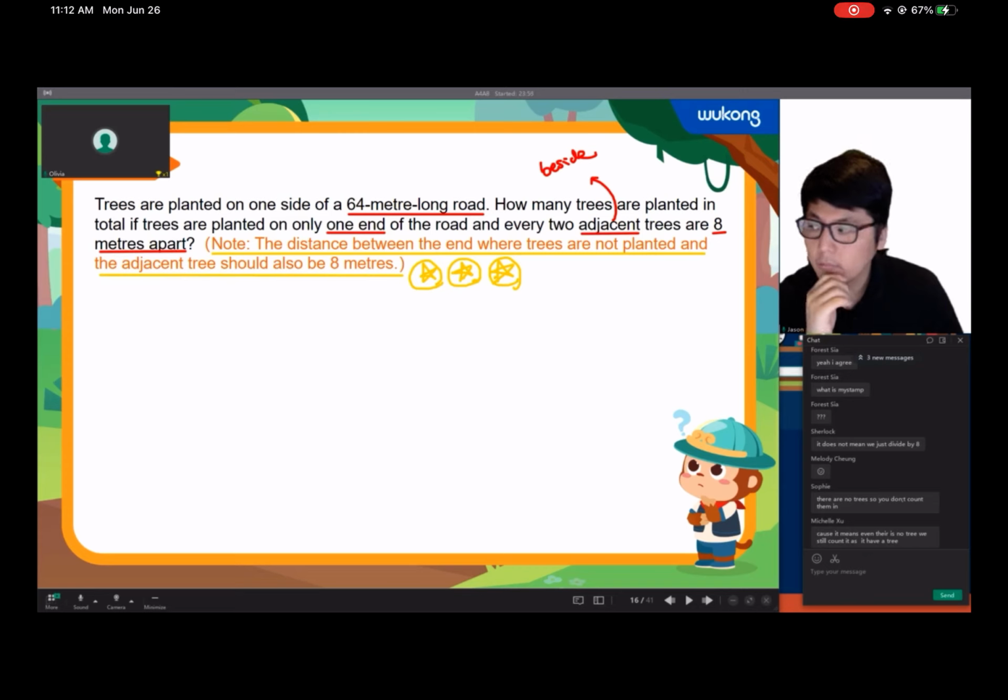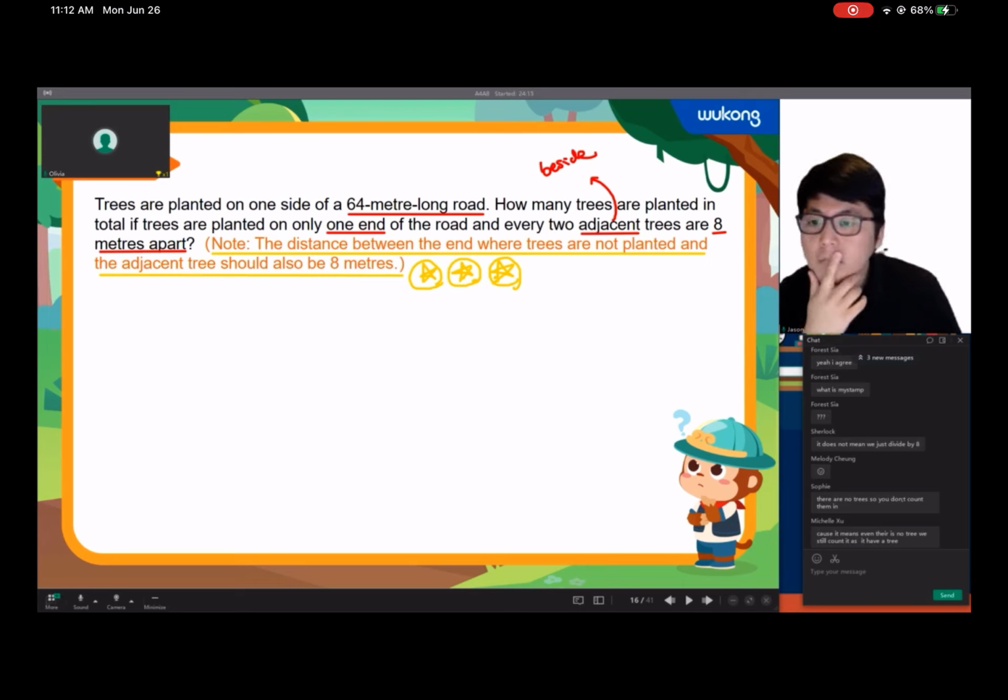Maybe, adding to Isaac's point, if they're not planted, the adjacent tree should also be 8.